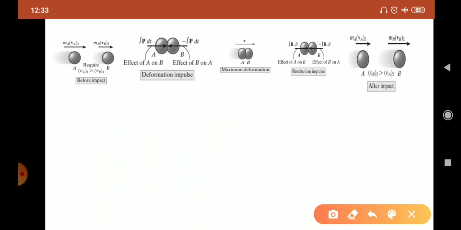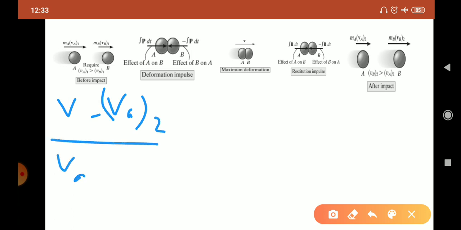From equation number 3, what we'll get is V minus VA2 upon VA1 minus V. This was equation number 3, which was equal to E. So from this equation we'll find the value of V.